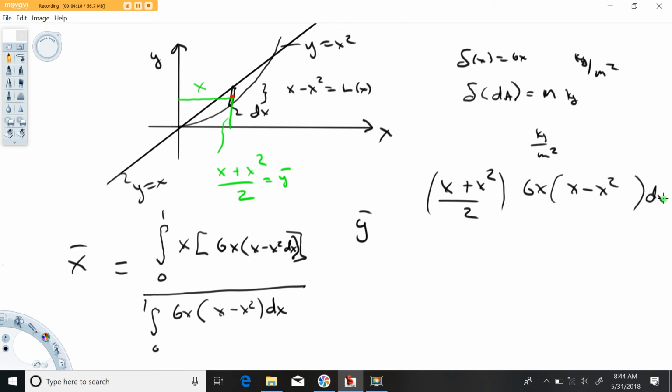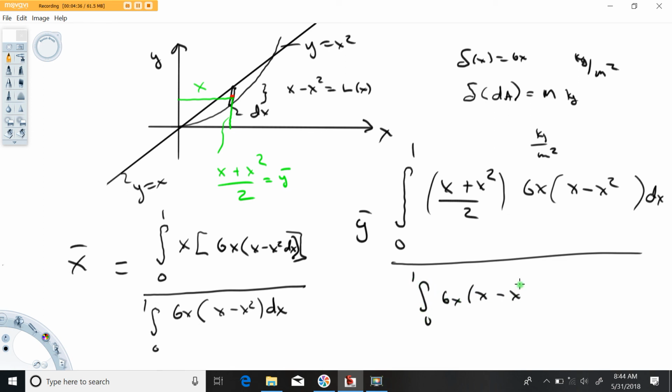I'll put the dx over here. So there's our area. This now has units of kilograms. These are added up. Divide out the total mass, which I already wrote an integral for. And there's the setup for calculating the centroid of this cool little sliver region right in here.